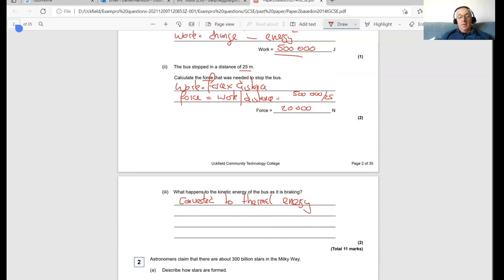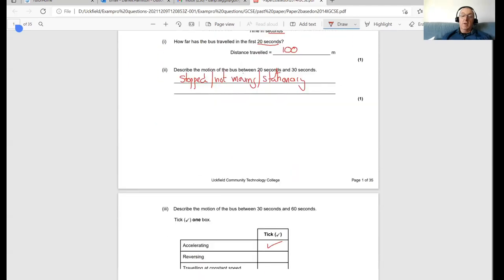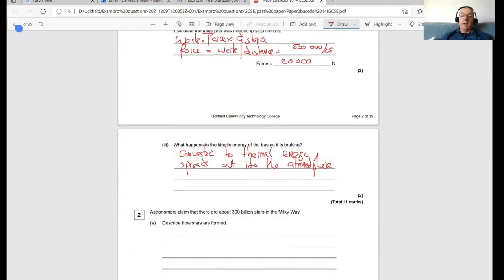And then it spreads out or dissipates into the air or the atmosphere. So there you have it. That is how to answer this particular question on motion graphs and work, energy, and power.